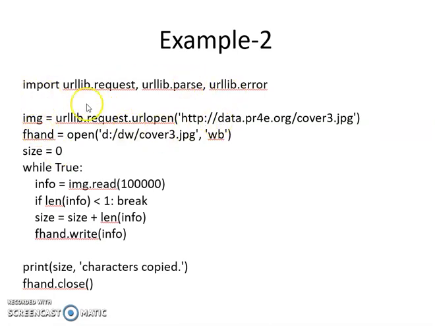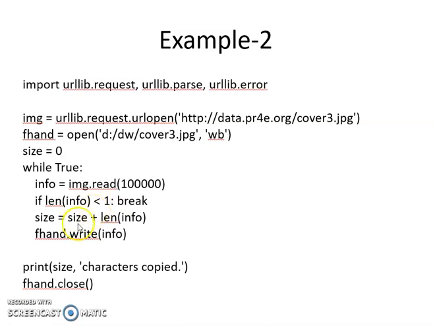We import all the libraries required, open the file, open another file in wb mode, and initialize the size variable with 0. While True is an infinite loop. Read the data; these many bytes we are reading at a time. If the length of the data we read is less than this, terminate, which means nothing is left to read in the file.